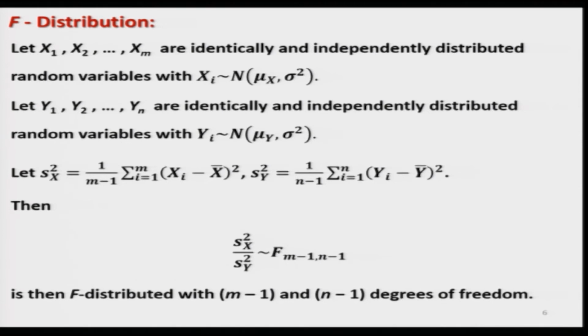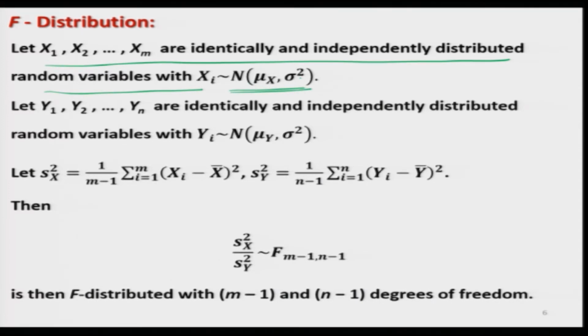So, suppose x1, x2, ..., xm are identically and independently distributed random variables following a normal distribution with mean mu x and variance sigma square. And let there be another set of variables y1, y2, ..., yn, which are also identically and independently distributed, following a normal distribution with mean mu y and variance sigma square.